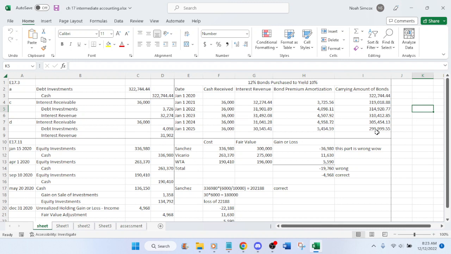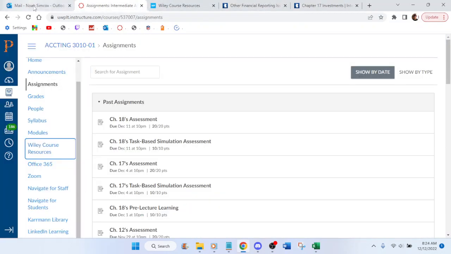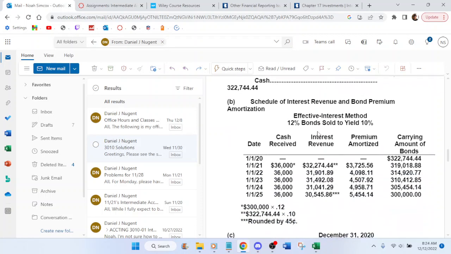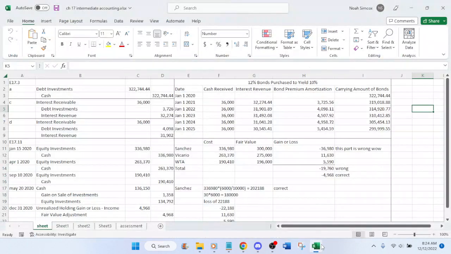And then, do you increase or decrease these? Let's see what he did here, because this could happen on the test, which is very dumb, but I'll have to deal with it if it does. Rounded by 45 cents. So did he increase it by 45 cents?